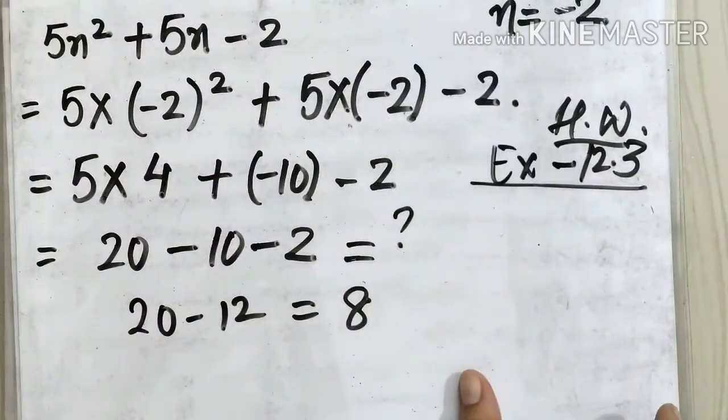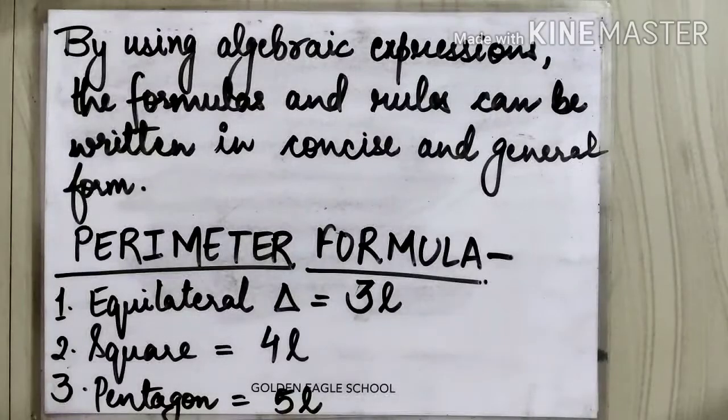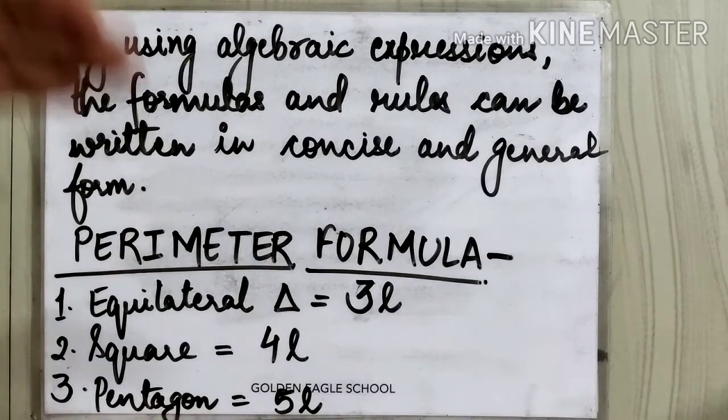So now we are going to see the use of algebraic expression in formulas and rules. By using algebraic expression, the formulas and rules can be written in concise and general form.